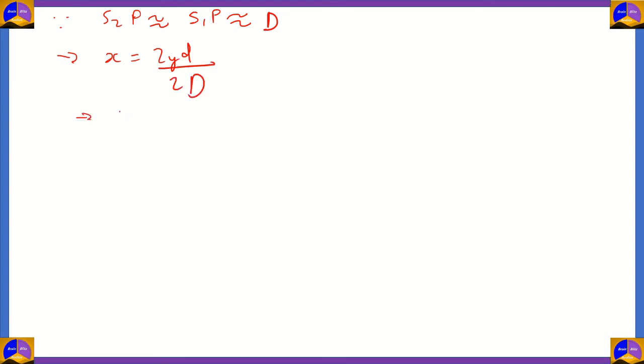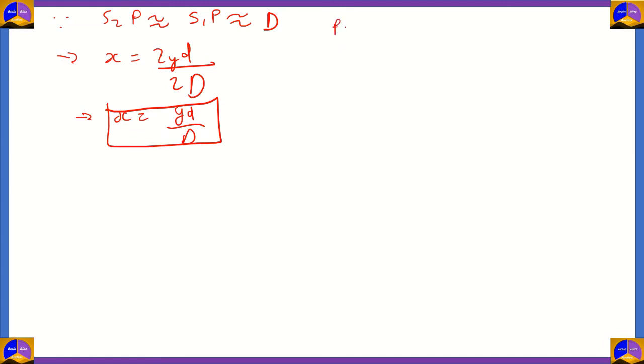So the path difference can be written as yd divided by D, where y is the distance between the center of the screen and the point P, small d stands for the distance between the two slits, and capital D stands for the distance between the slits and the screen.